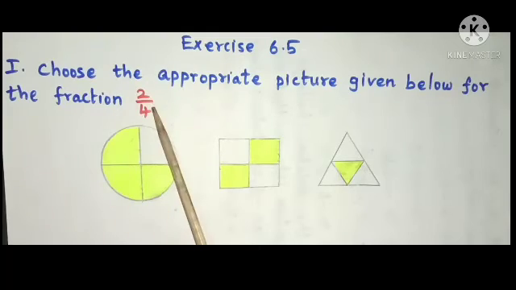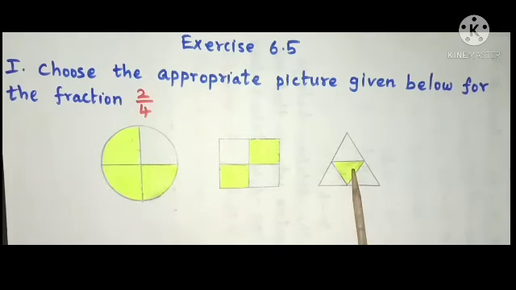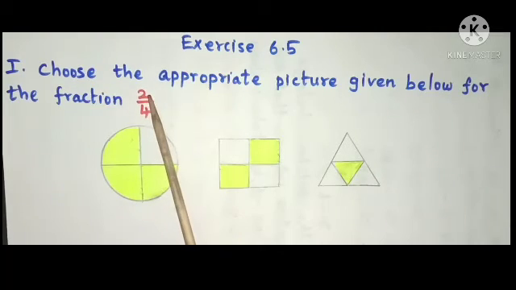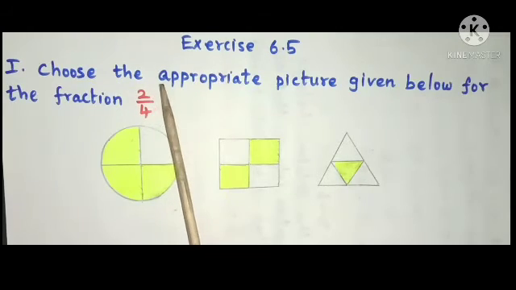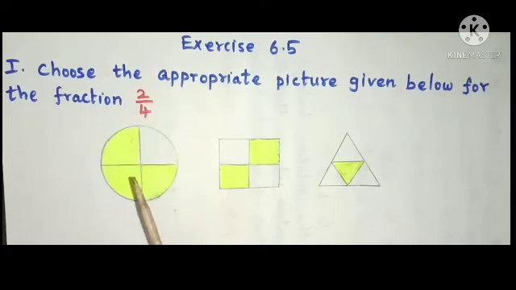2/4. So children, here 4 represents total number of parts. 1, 2, 3, 4. Here all the given shapes are divided into 4 equal parts. And 2, which is in the numerator, represents the number of parts that are shaded.